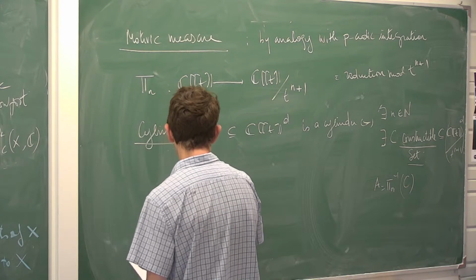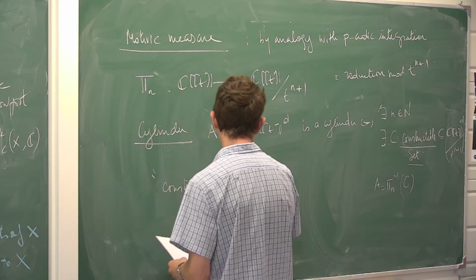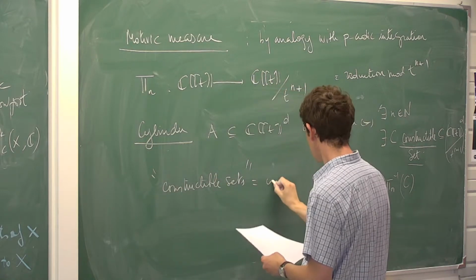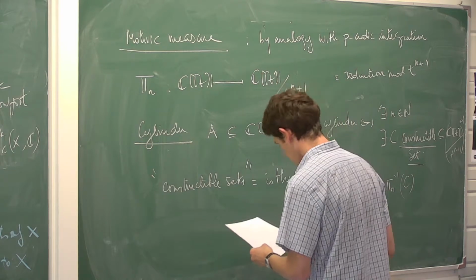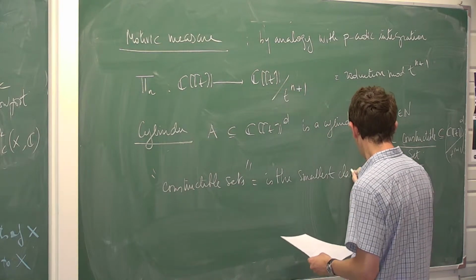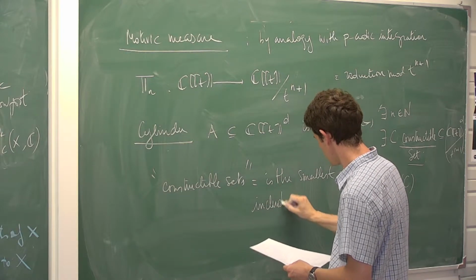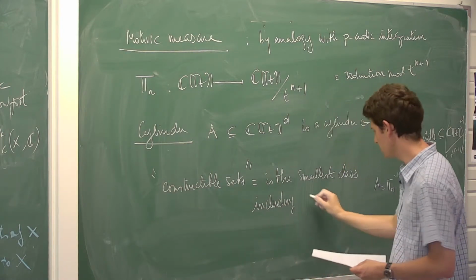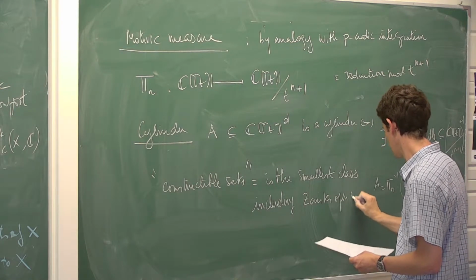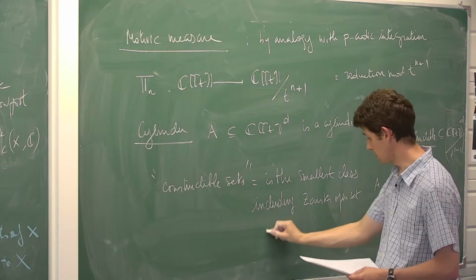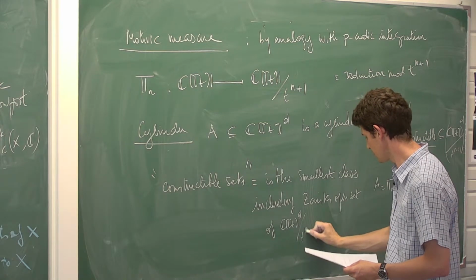A constructible set is the smallest class including Zariski open sets of C[T]/T^(n+1) to the d.